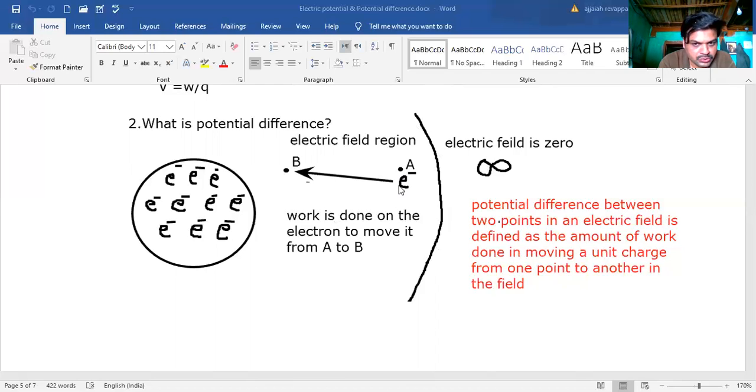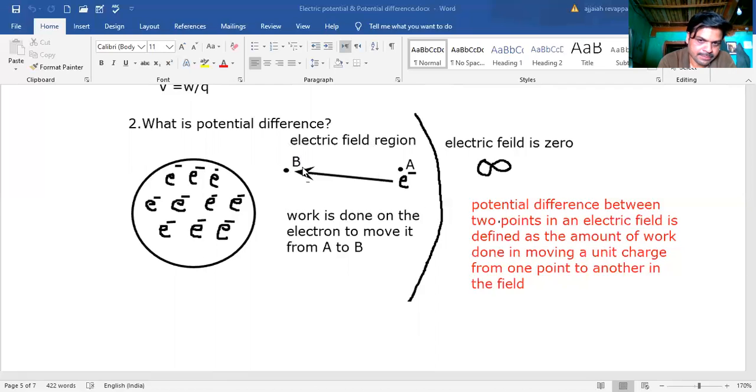Here also I need to do work to move this charge from A to B. So, potential difference between 2 points. See, at this point A, the electron has a certain potential. At this point B, the electron has a certain amount of potential. At which point is the potential greater? At point B it is greater. I will explain in the next slide why the potential is greater at point B compared to point A. Now, to move this unit charge from A to B, I need to do some work.